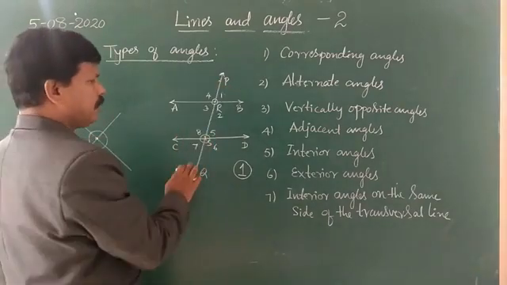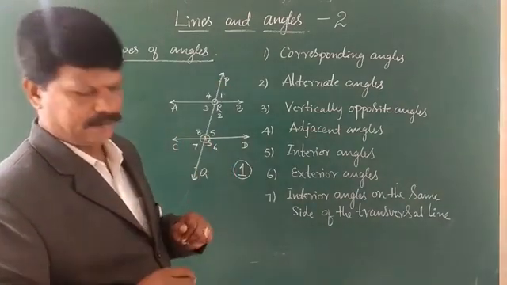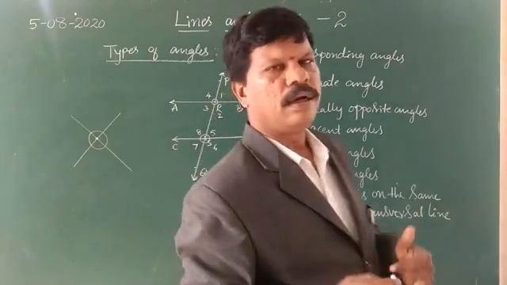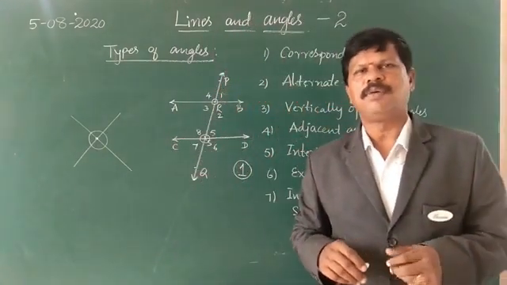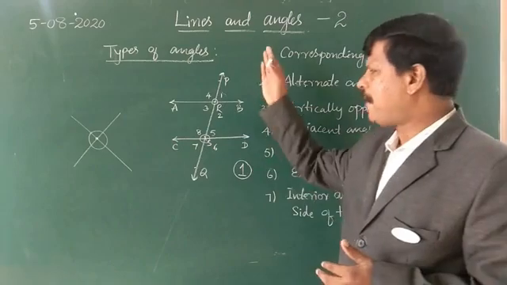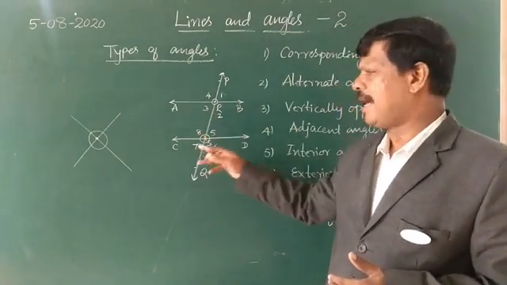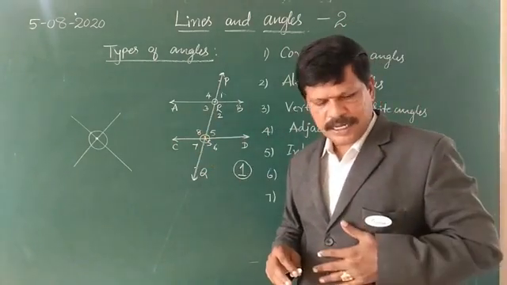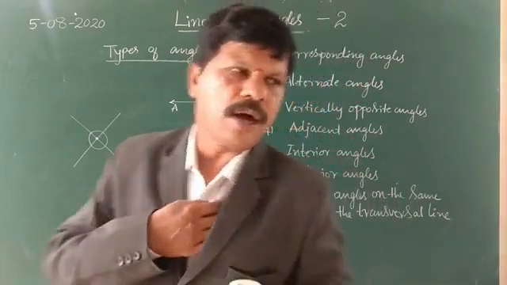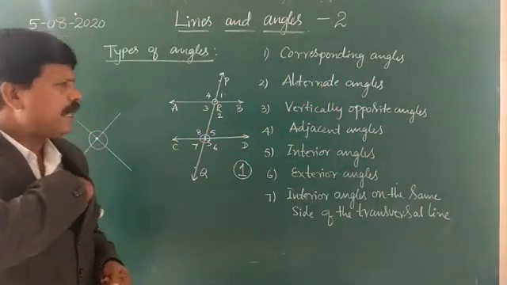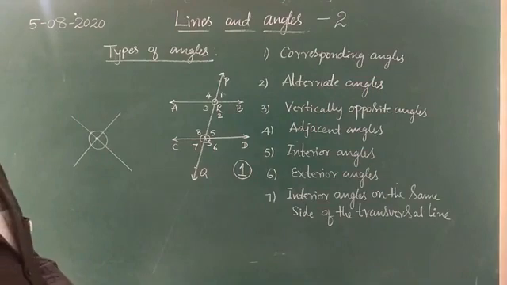So totally there are 8 angles when a transversal passes through two parallel lines.